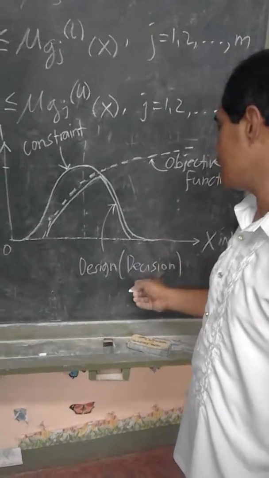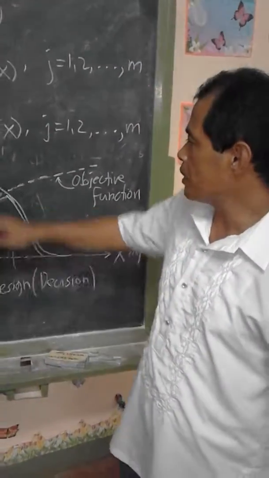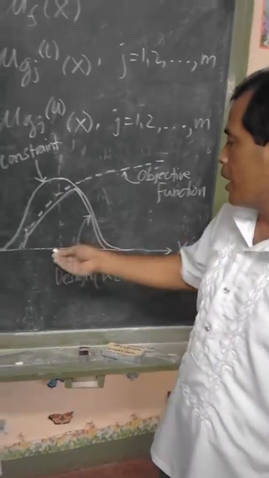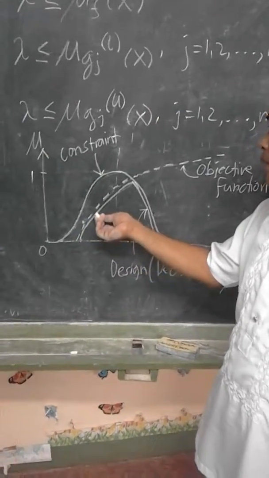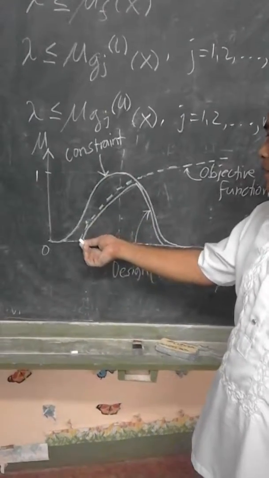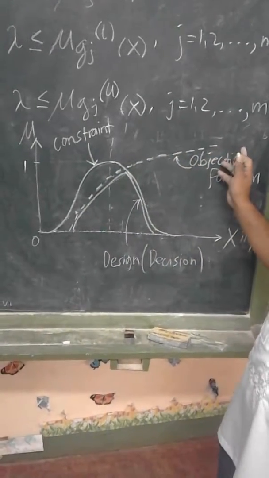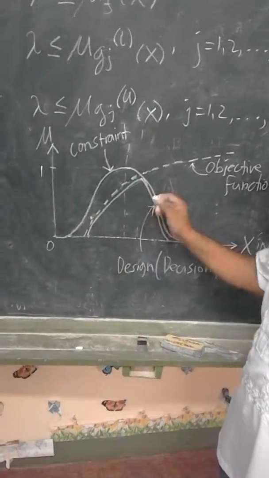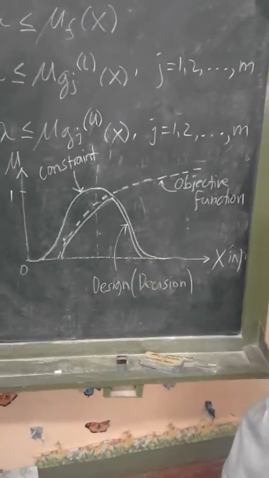Remember, the decision should be inside the constraint and the objective function. Take note that the design variable never touches the objective function graph, as well as the constraint. It never touches. So this is now the graph.